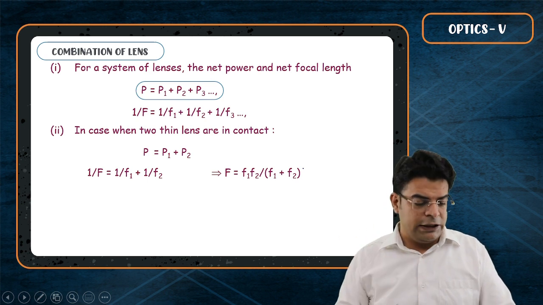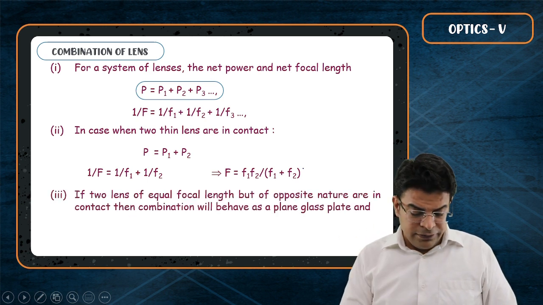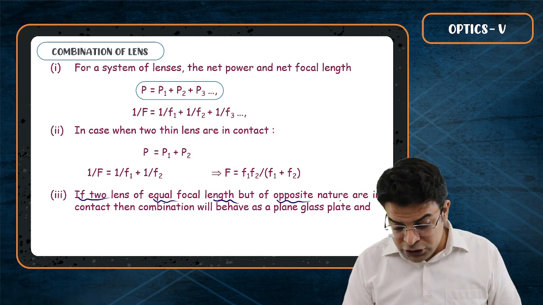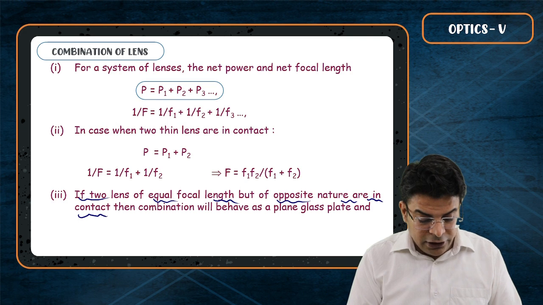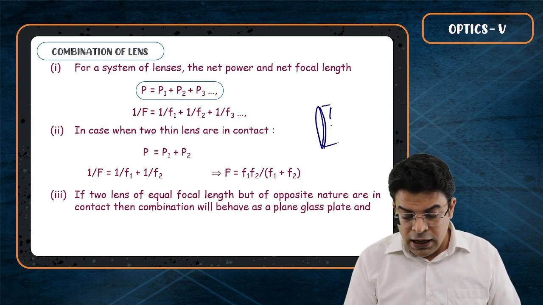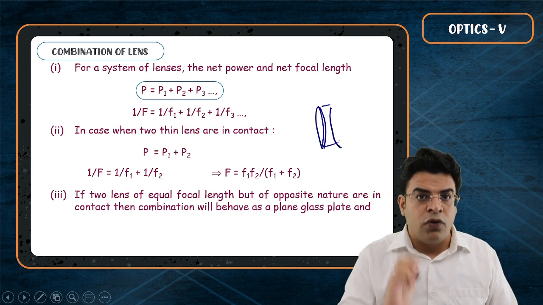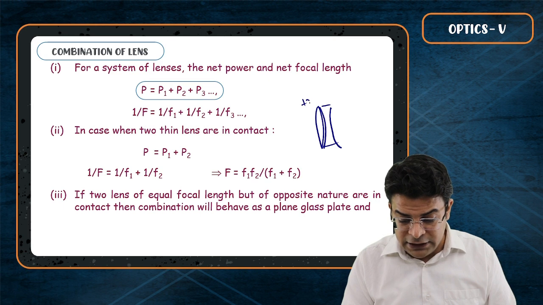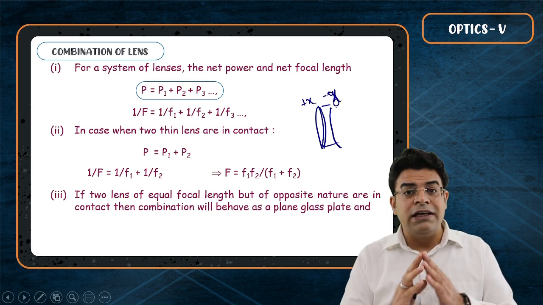and continue applying the lens formula twice. Now the next thing, if two lenses of equal focal length but opposite nature are in contact, so think that one of them is converging, another one is diverging, and they have got equal magnitude of focal length. So if the power of the first one is plus x, the power of the second one will be minus x. And you know that power is directly additive.